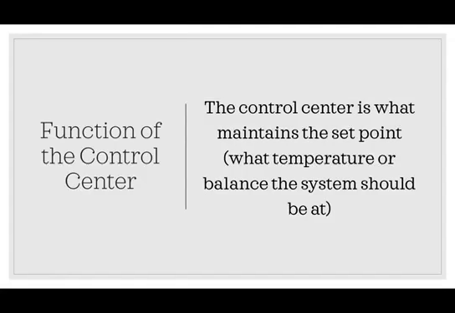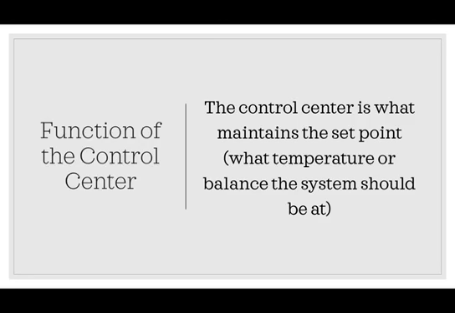The function of the control center, the second part of the homeostatic mechanism, is to maintain the set point of the system. So this would be what temperature our body is supposed to be at. 98.6 degrees is typically what you're told your temperature should be at.